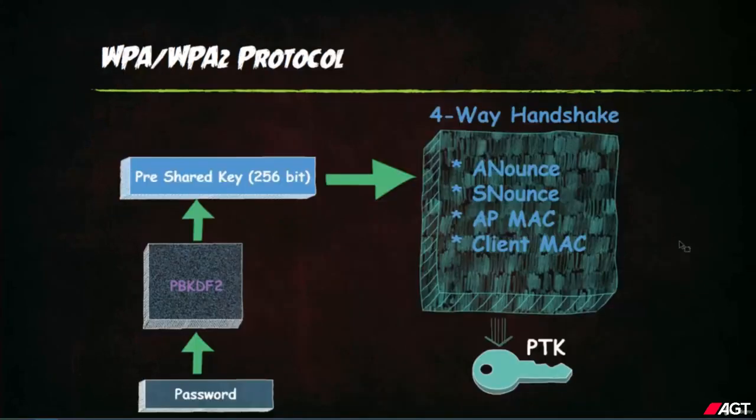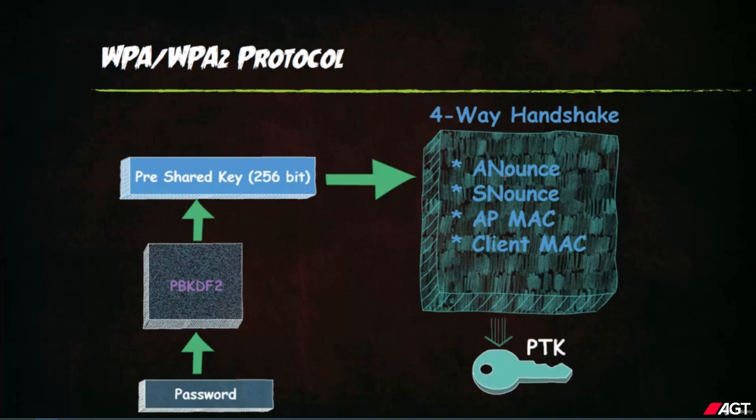So in the previous video we have seen how the WPA protocol works. Let's just revise this again. Both sides will have the password, and based on this password, the SSID and the SSID length, the pre-shared key is generated, right? And based on this pre-shared key, the four-way handshake is generated, which contains ANonce, SNonce, AP MAC address, and client MAC address.